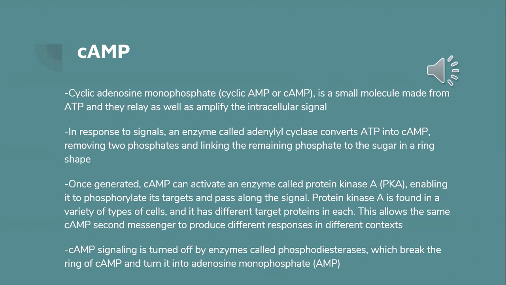Protein kinase A is found in a variety of types of cells, and it has different target proteins in each. This allows the same cAMP second messenger to produce different responses in different contexts. cAMP signaling is turned off by enzymes called phosphodiesterases, which break the ring of cAMP and turn it into adenosine monophosphate, AMP.